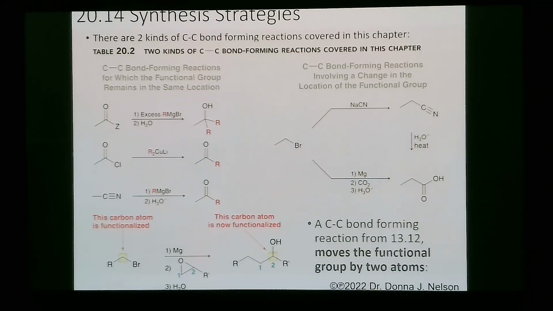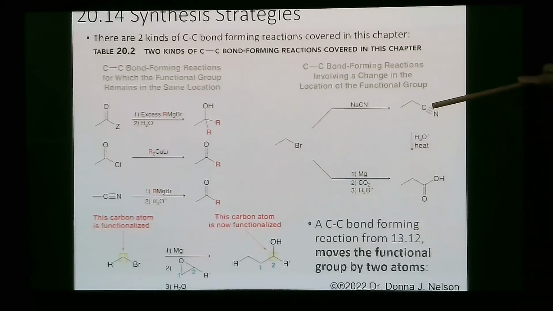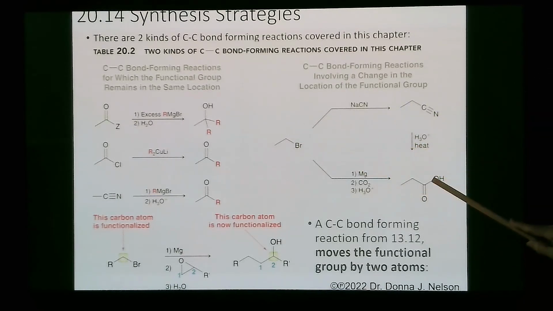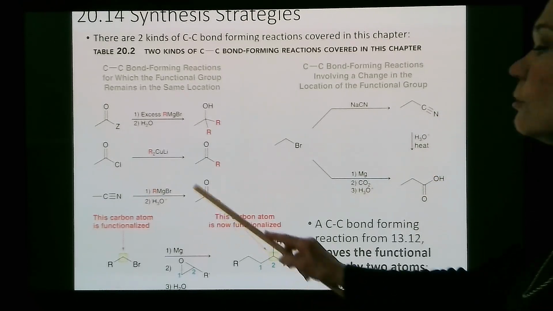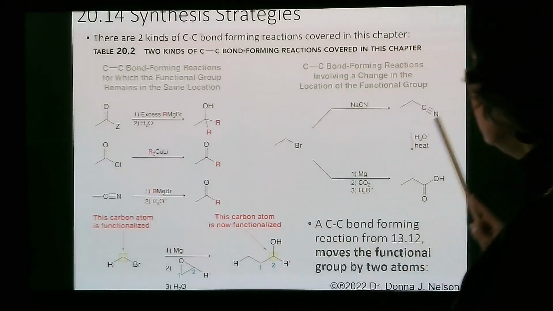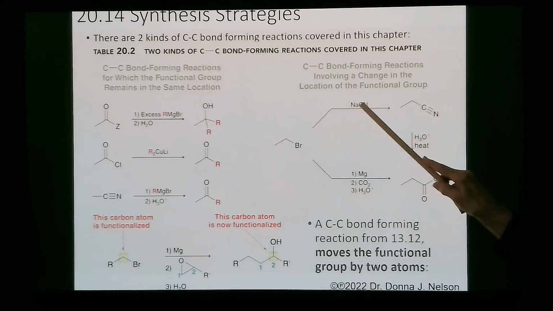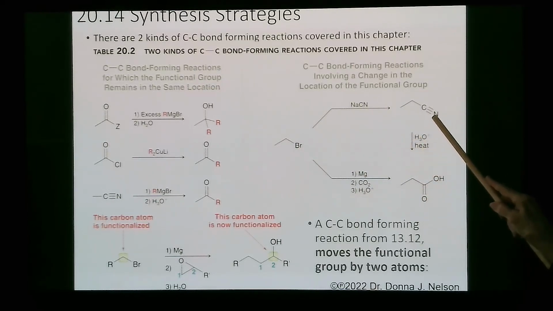So the location of the functional group has changed. It starts out on 1 carbon, and at the end of the synthesis, it's actually on another carbon. So here the functional group stays on the same carbon. In these reactions, the functional group moves by 1 carbon.